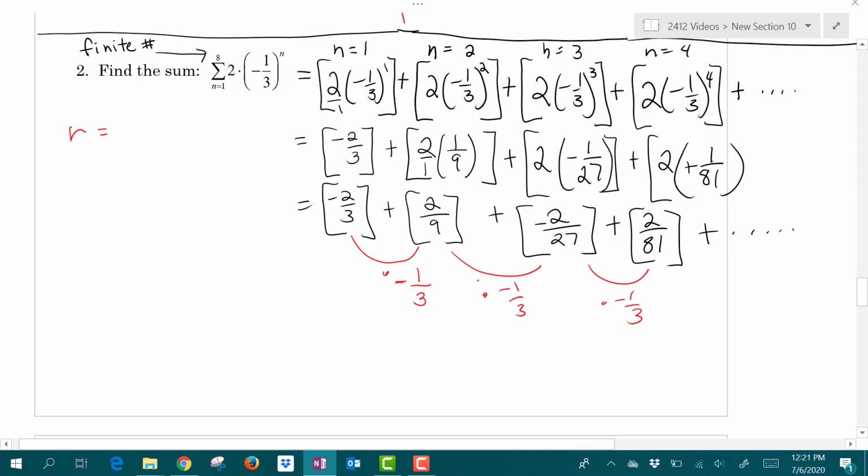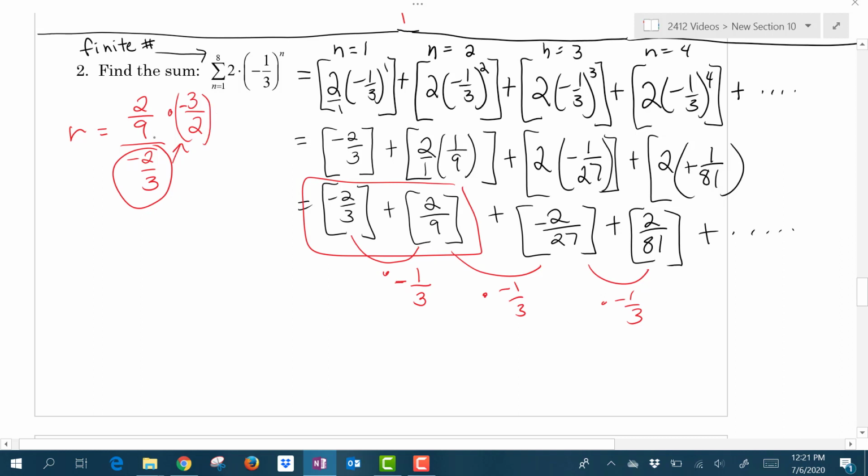Now remember, if just looking at it or kind of playing around with the numbers doesn't tell you what that r value is, you can always do the formula. Take a later term. So let's look at the first 2 terms. Take a later term, divide it by the previous term, with 2 terms that are side by side. If you have a fraction divided by a fraction, we flip the bottom fraction, change to multiplication.